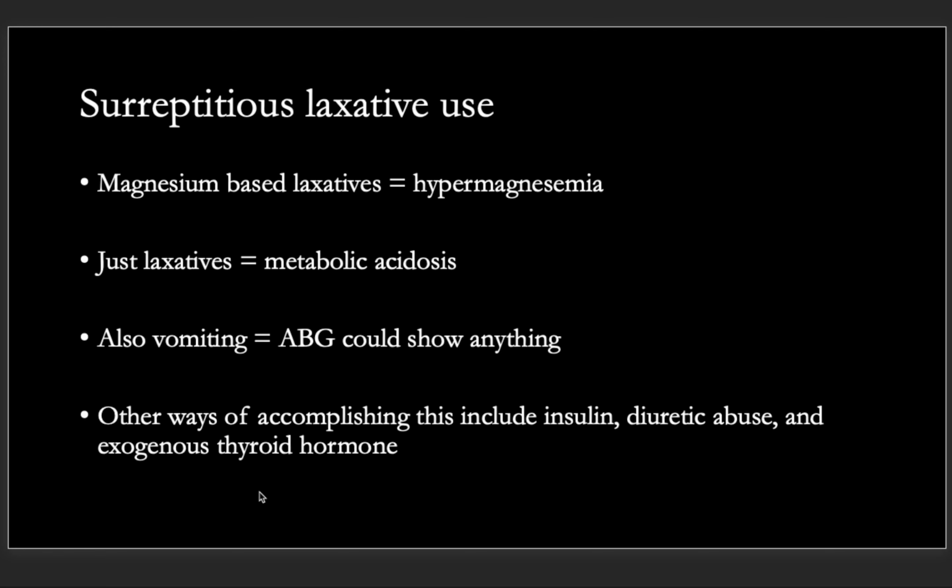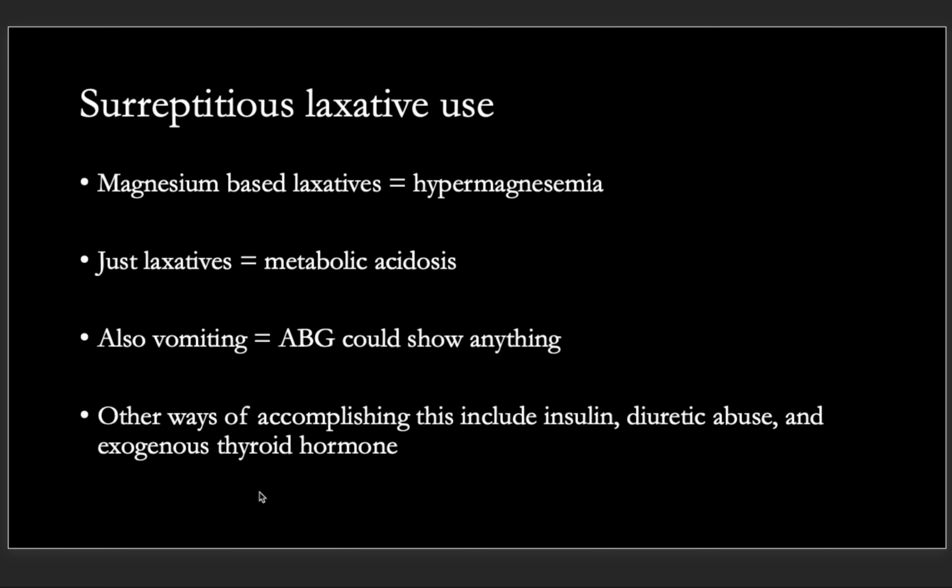Like we talked about with surreptitious laxative use, if you have a magnesium-based laxative, this will cause hypermagnesemia. If you have just laxatives, you'll have a metabolic acidosis, and if you also have vomiting, the ABG could show you anything.